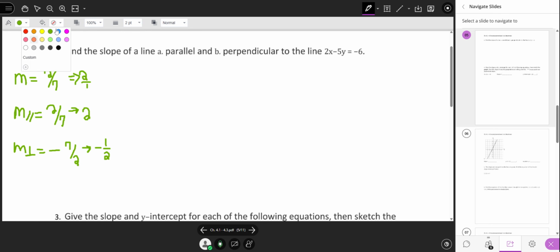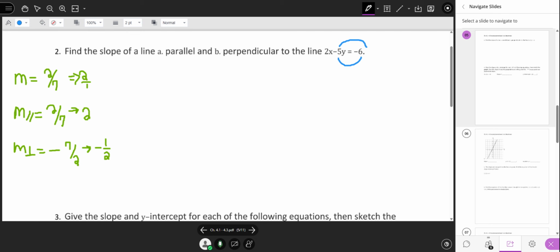Because remember, a whole number is a fraction over 1. So, now that I've taught you that, the first thing we have to do is solve for y. Well, we could move the 2x and the 6, or we could move the 2x and then divide by a negative. I don't like dividing by a negative. So let's move this negative 5y, and let's move this negative 6.